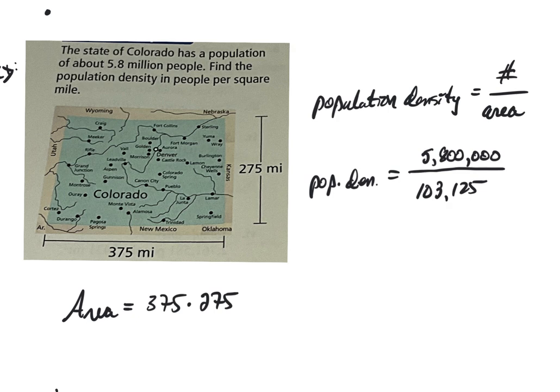And I'm going to move my screen over. We usually don't worry about labels too much, but it's helpful here. In this case, we have 5.8 million people. And then when I multiplied 375 miles by 275 miles, we got 103,125 square miles. Okay?